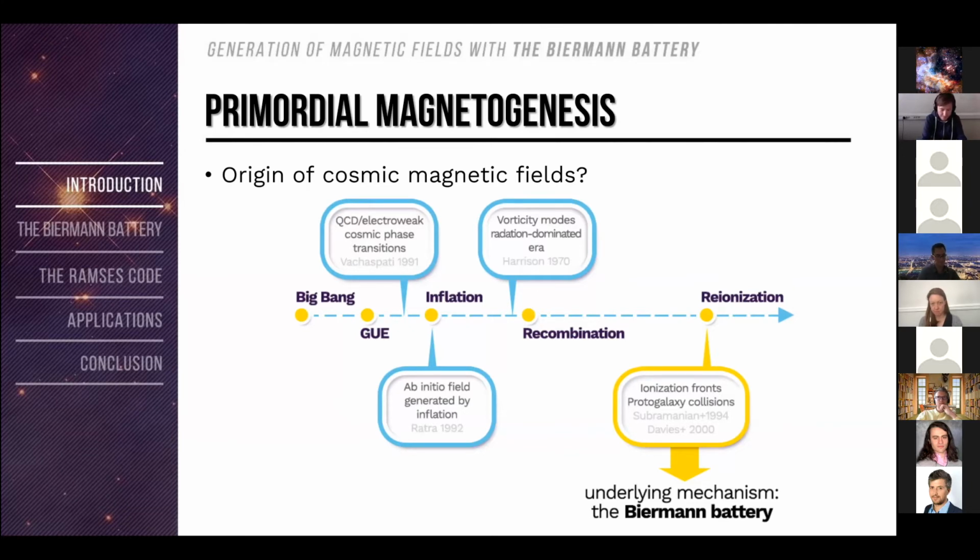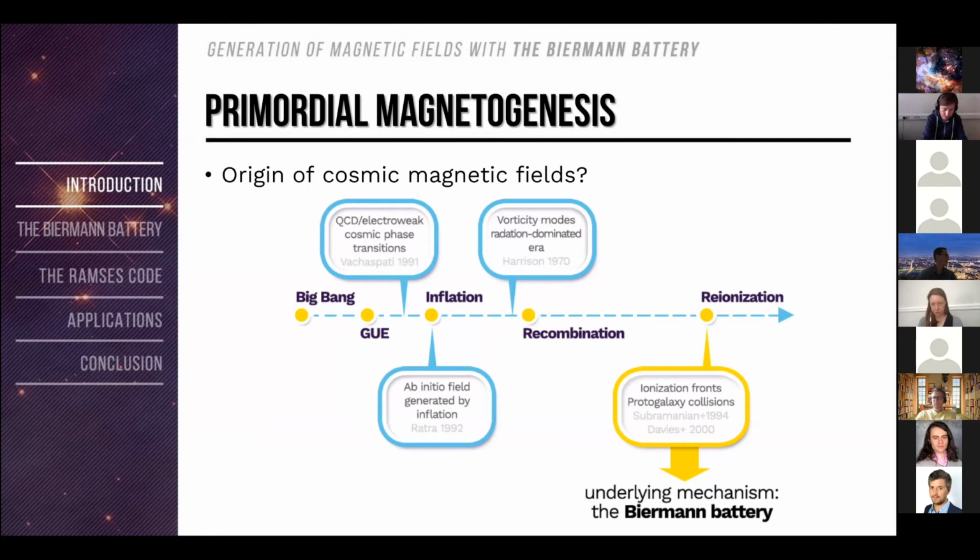Okay, so I will start with the question of the origin of the cosmic magnetic field, which remains one of the greatest unresolved problems in cosmology to this day. It's nonetheless widely accepted that its origin goes through two key stages. The first one is the generation of a primordial seed magnetic field, while the second one is the amplification of this field in order to be compatible with today's measured values.